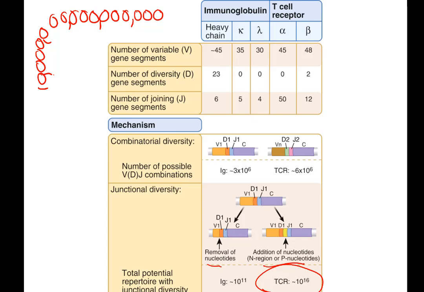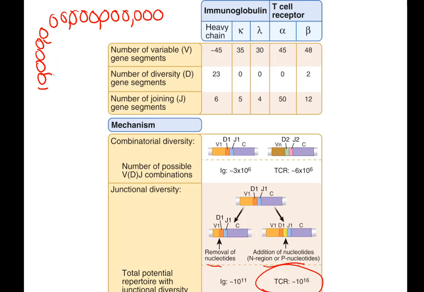And while we're creating those light chains and heavy chains, we're going to add additional junctional diversity, because at every junction between the J and the D and the V, we're going to create junctional diversity with the P and N nucleotides. Does that make sense? Mm-hmm. So in total, we would have 3 different types of diversity that would create the antibodies. Yes, and T cell receptors. The same thing is happening for T cell receptors.